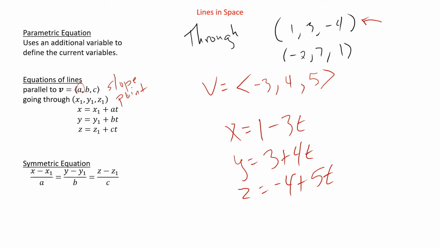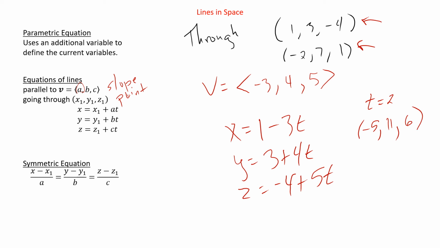If we plug in 1, we get that second point. If we plug in 2, so when t equals 2, we get the point 1 minus 6, which would be negative 5, 3 plus 8, which is 11, and negative 4 plus 10, which is 6.